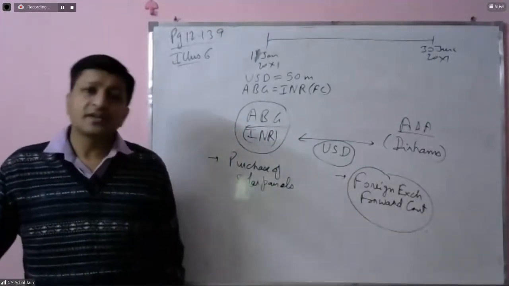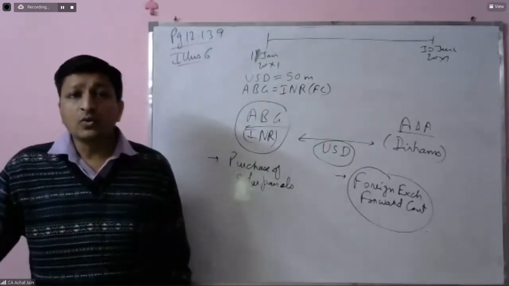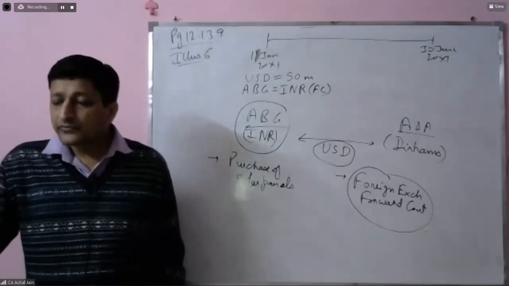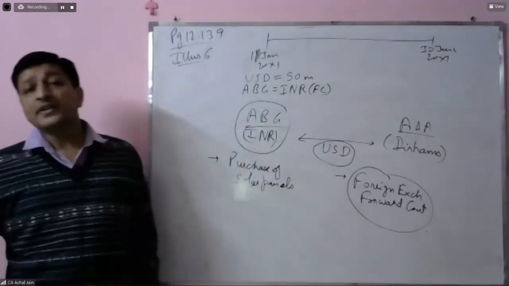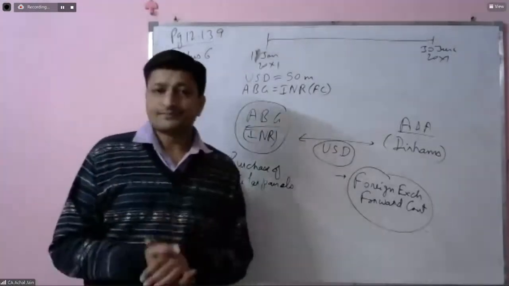That is notional receipt in INR. In other words, a forward contract to sell USD at INR 65 per USD. And why are we taking 65 again? Because this is again the forward rate.